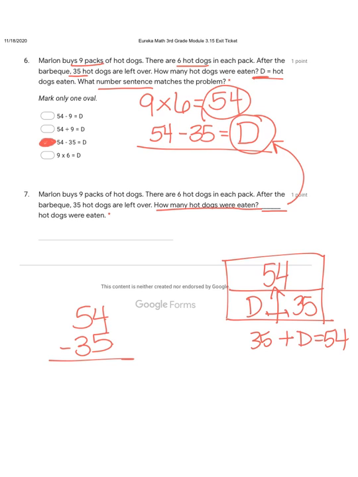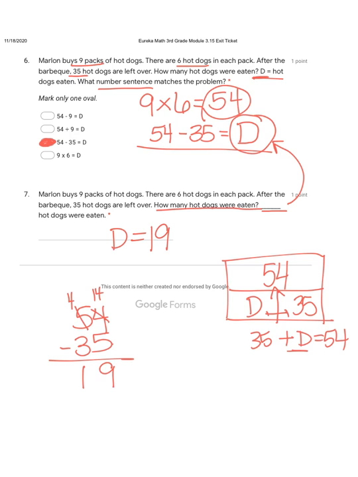So we're going to go next door and borrow a 10. So this is only going to be 4 tens left. And we're going to bring that 10 to the ones place. 4 plus 10 is 14. So 14 minus 5 is 9. 4 minus 3 is 1. There is our value of D. D equals 19.